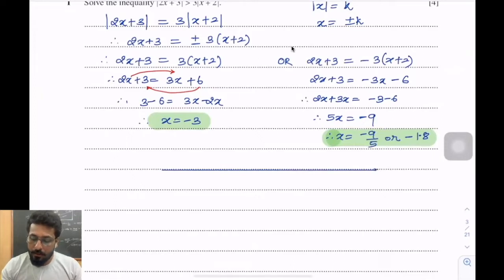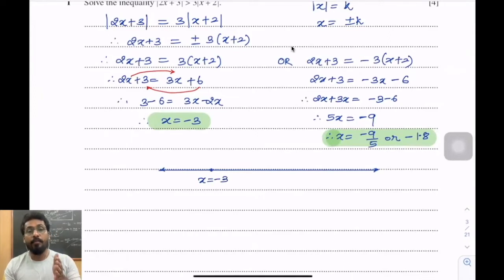And let's mark the values. Let's say this particular point is x equal to minus 3. So from the two values, you can definitely understand that minus 3 will come first and then minus 1.8 is going to come, right?